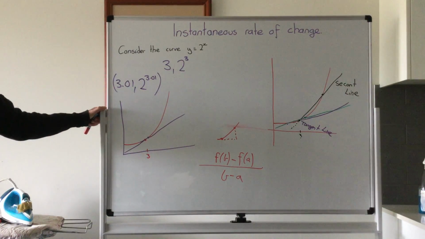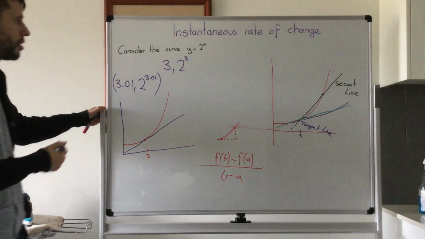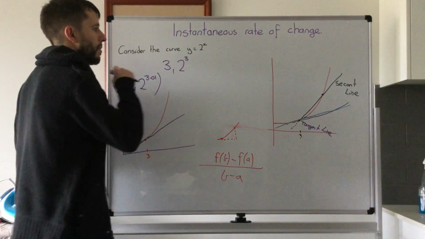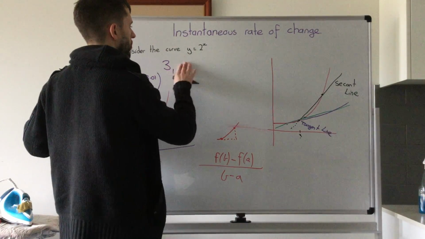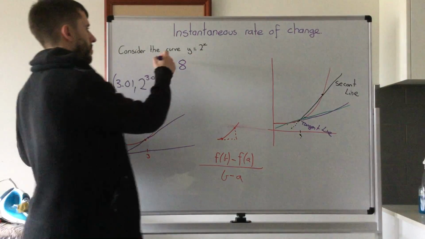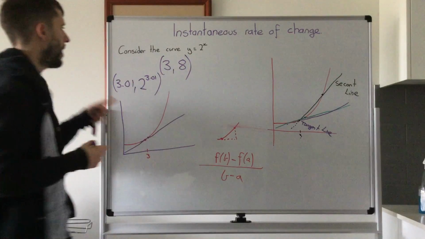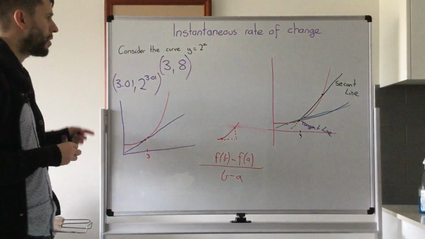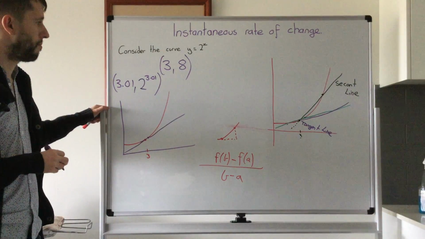2 to the power of 3 is 2 times 2 times 2. So 2 times 2 is 4. 2 times 4 is 8. So now I have my 2 points for my equation. So I'm going to substitute them in now.